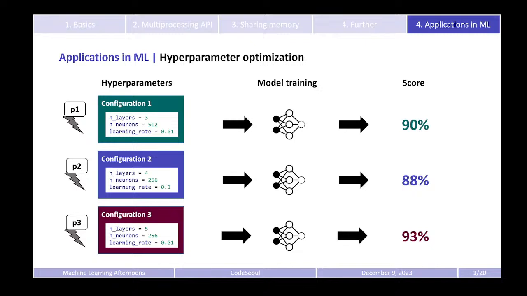One can attack this problem in a multiprocessing way, or it doesn't have to be the multiprocessing API from Python. It can be any other external API from PyTorch, TensorFlow, or any other framework.